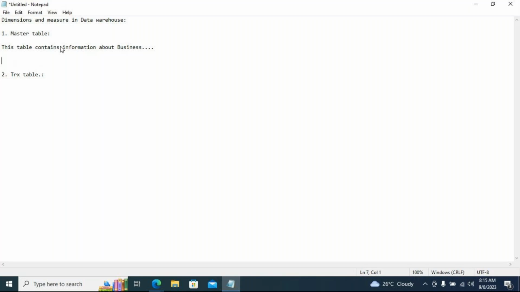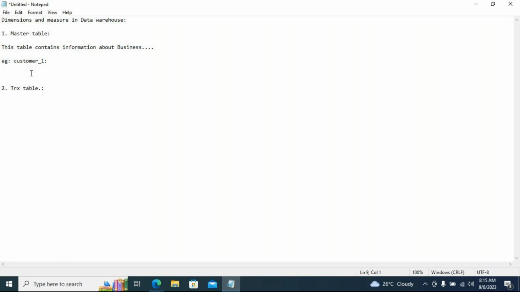On top of the master table, are there any tables created? Sometimes they don't give direct access to the master table. For example, I have a customer table. They don't directly give access to this customer table, because there is a lot of information available in it, including personal information.